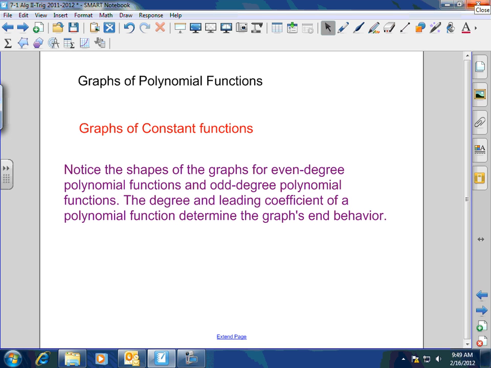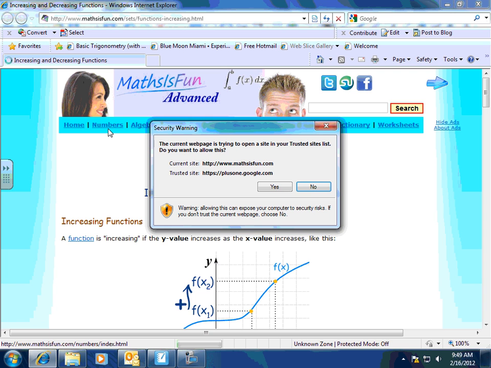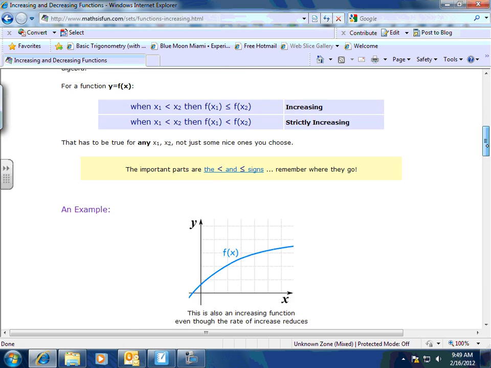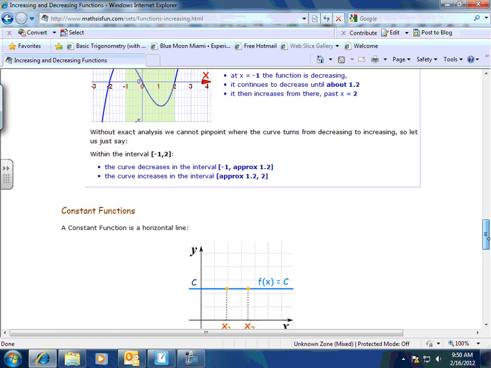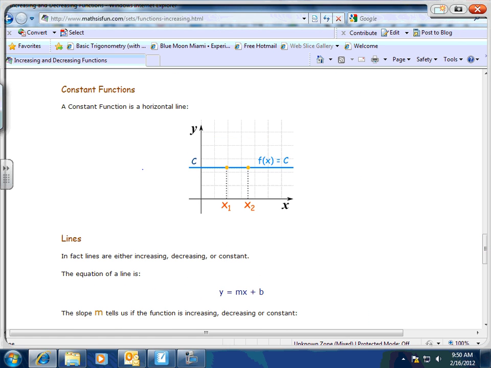Okay, now, graphs of constant functions. If you guys remember, graphs of constant functions are graphs that are going to be horizontal lines. This is an f of x equals c. That's a y equals a equation.